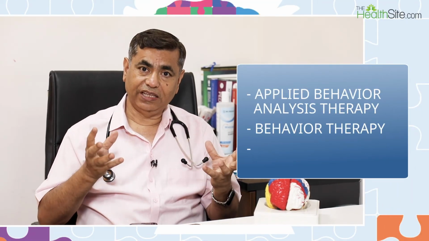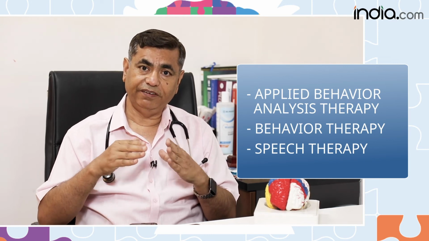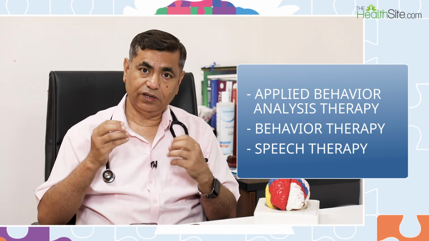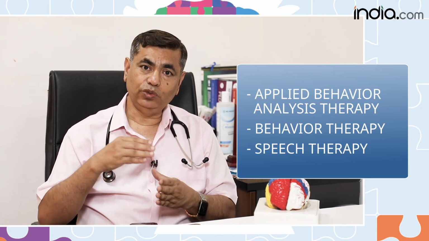But one has to be very careful with using risperidone because there are significant side effects. In terms of therapy, there are lots of different schools of therapy. One is ABA therapy, which is the most commonly used augmentative behavioral therapy, where the therapist works along with the child and the family to change their behavior.